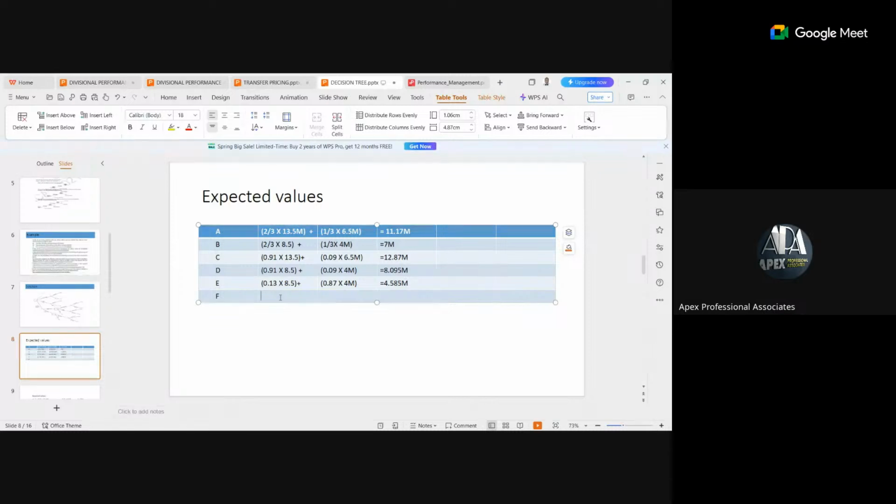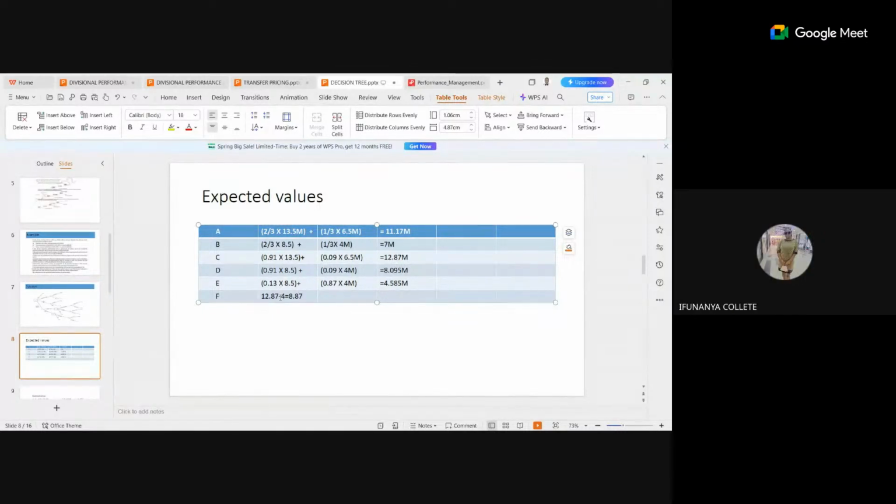So for F, the highest among those options is C, which is 12.87 minus, how much do we spend in refurbishing? 4 million. And we get 8.87.